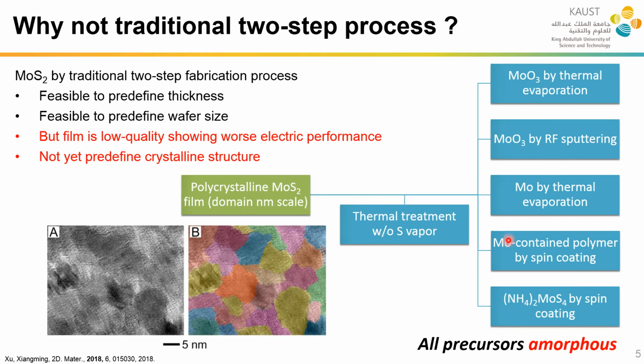So first we prepare the oxide precursor film, and then the second step is chemical conversion. It can predefine the thickness during the precursor thin film preparation process. Also, the wafer size of the precursor thin film can be predefined, so that finally our 2D film size can also be defined.